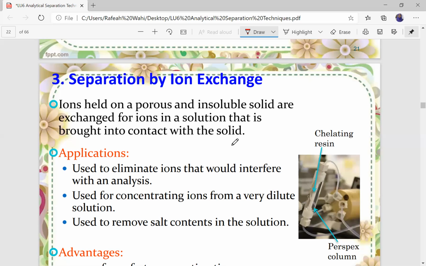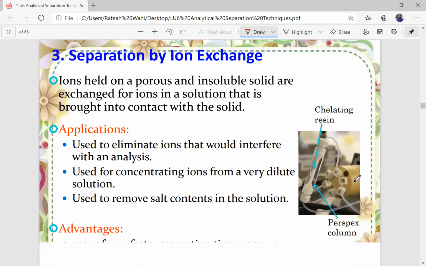The applications of ion exchange: it can be used to eliminate ions that would interfere with an analysis. It can be used for concentrating ions from a very dilute solution. It can be used to remove salt content from the solution.